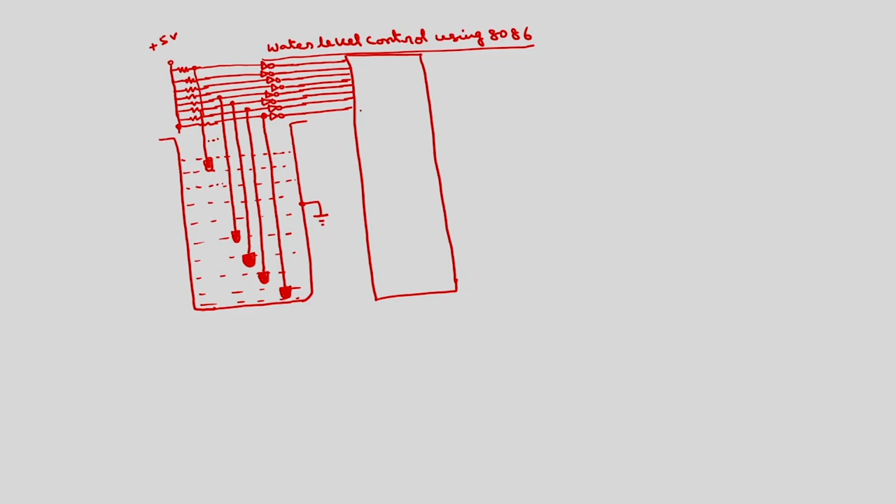This I will connect to PA0, PA1, so on up to PA7. So, this is the minimum change in the level that is required to detect. This should be the same. Okay. So, we can display the level as well as we can control the motor also.